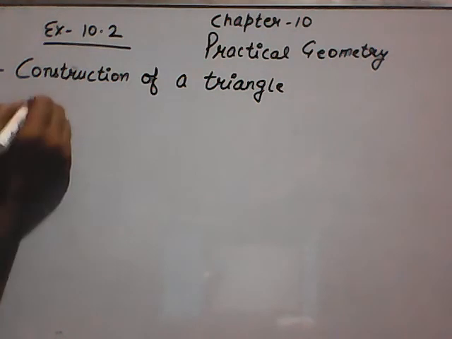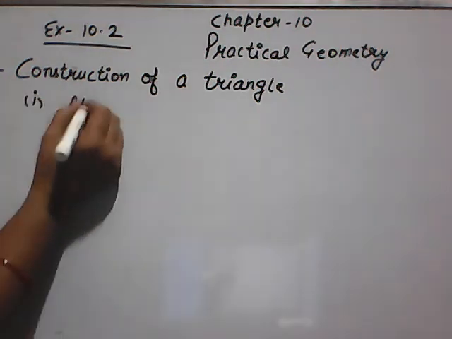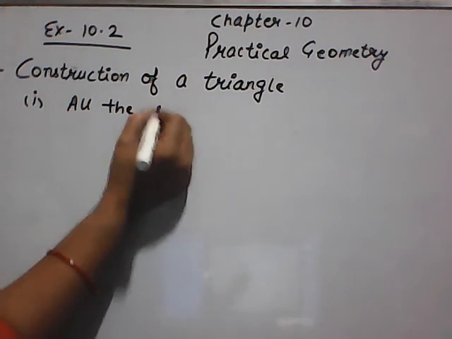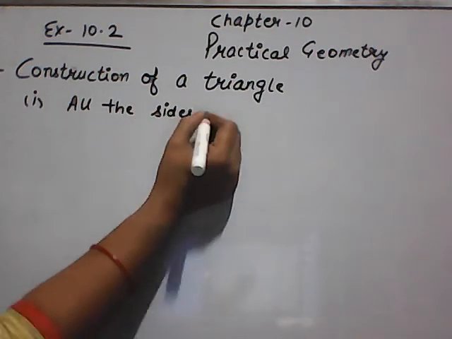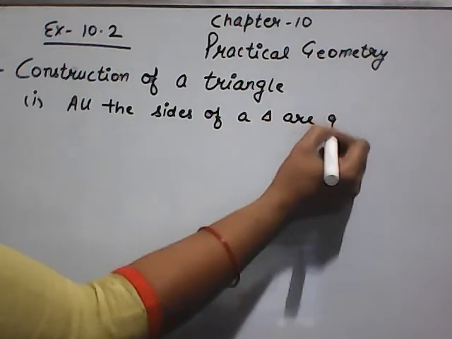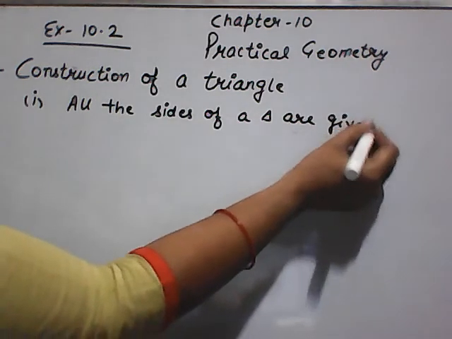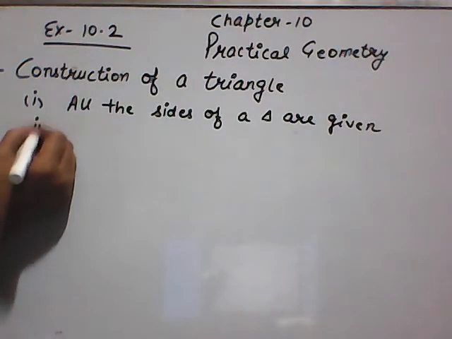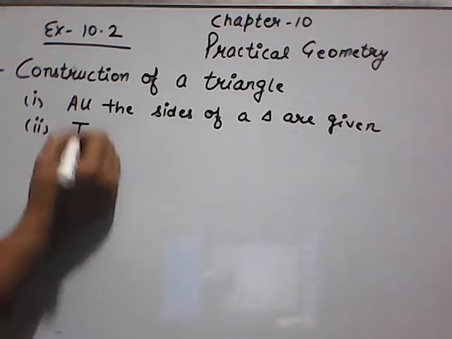If all the three sides are given, then you can construct the triangle. First condition is if all the three sides of a triangle are given to you, then you can construct the triangles. Next condition is two angles.